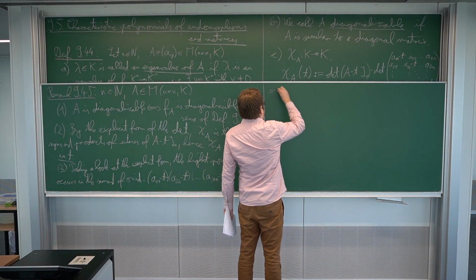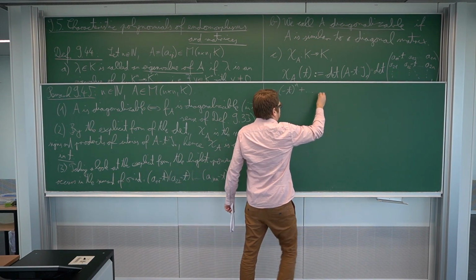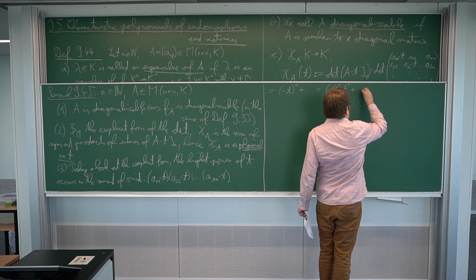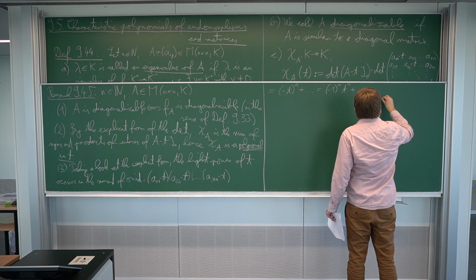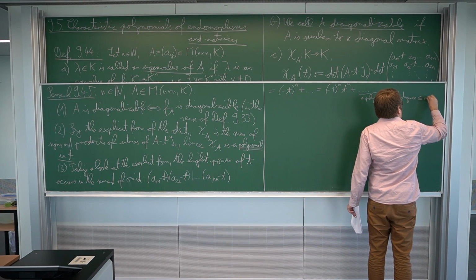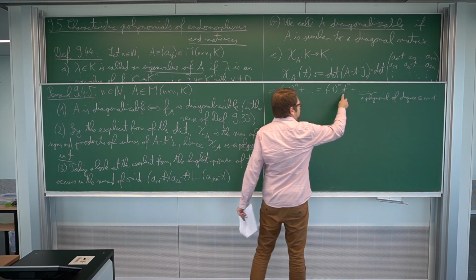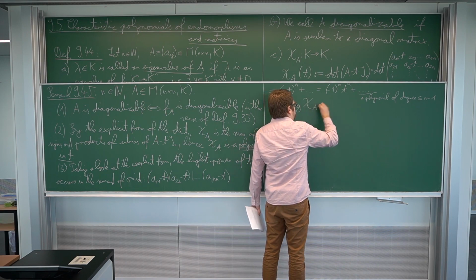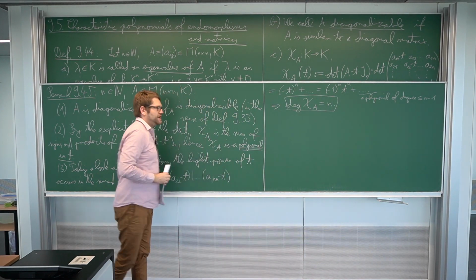So this would be (minus t) to the n plus something, which you can also write as (minus 1) to the n times t to the n plus something, and this something here is a polynomial of degree at most n minus 1. This means the degree of the characteristic polynomial is t to the n, because this is the highest power with a non-vanishing coefficient. So the degree of chi A is n. Okay, so it's a polynomial of degree n.